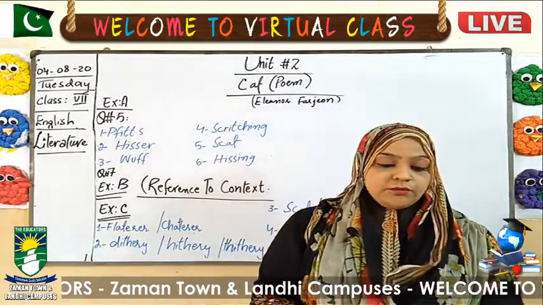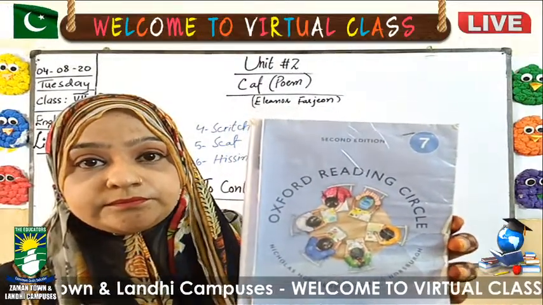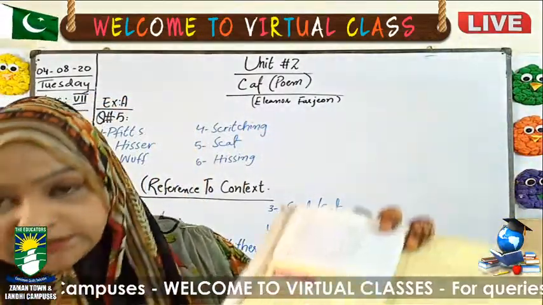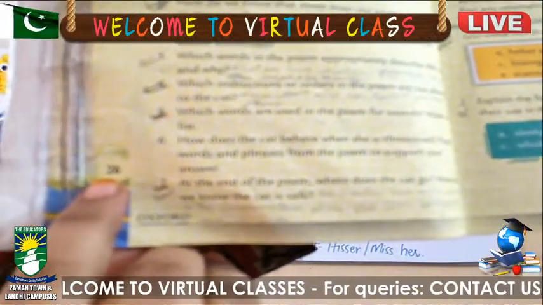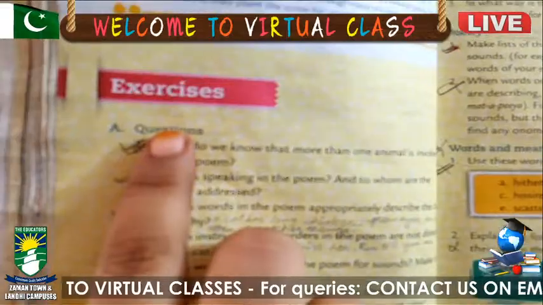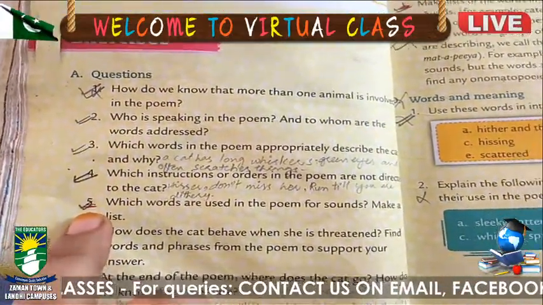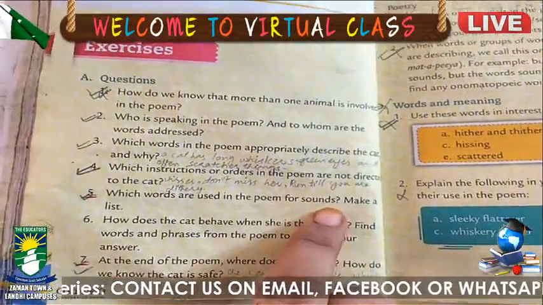Now it's time for question number 5. It is in your book Reading Circle, and the page number is 26. This is your exercise question answers. This is question number 5. You have to attempt now. Which words are used in the poem for sounds?